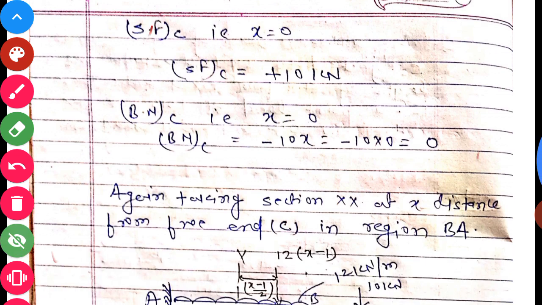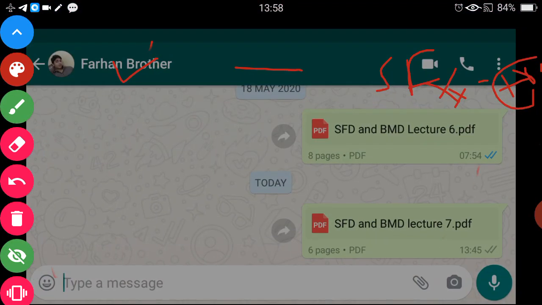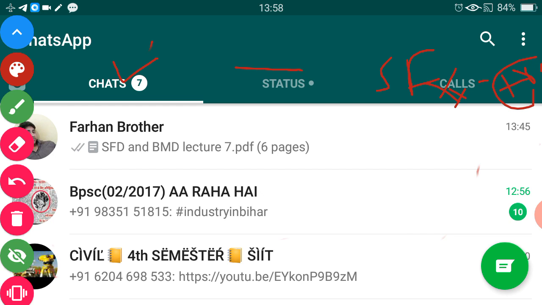After that it is very easy to calculate the shear force. x is equal to 0, meaning the shear force at section XX is equal to plus 10 kilonewton. Sorry, dear student.